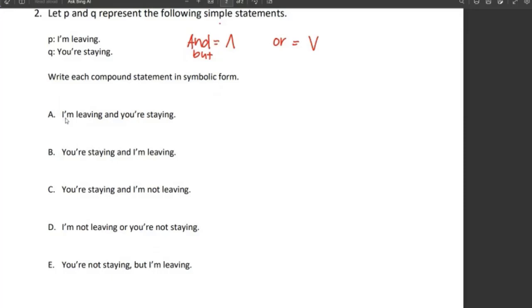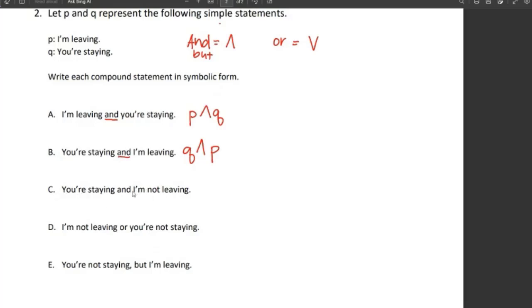All right, A says I'm leaving and you're staying. Okay, so I'm leaving goes with P. And then we have and. You're staying goes with Q. Okay. B, you're staying and I'm leaving. So we have and again, but now we flipped them. So you're staying is Q and I'm leaving is P.